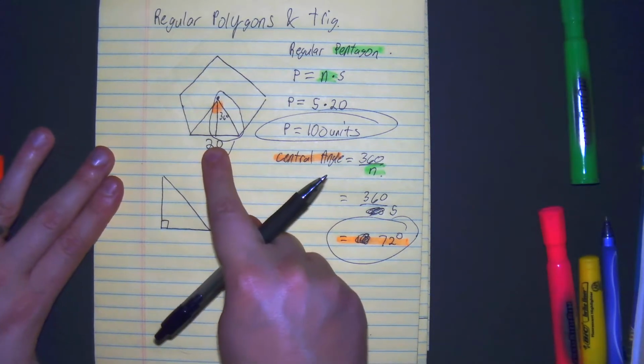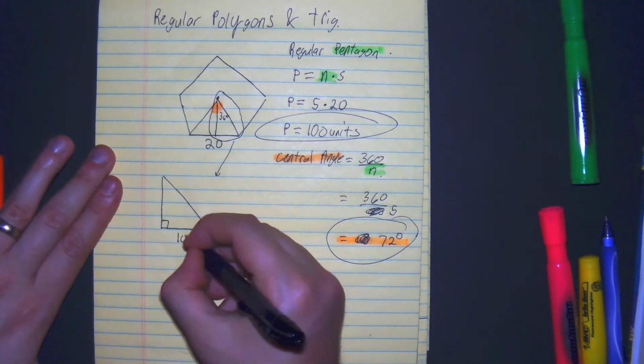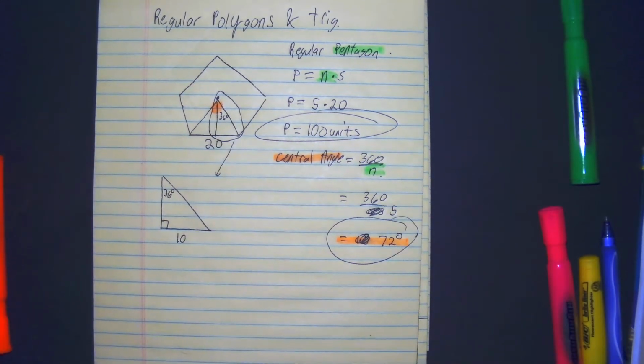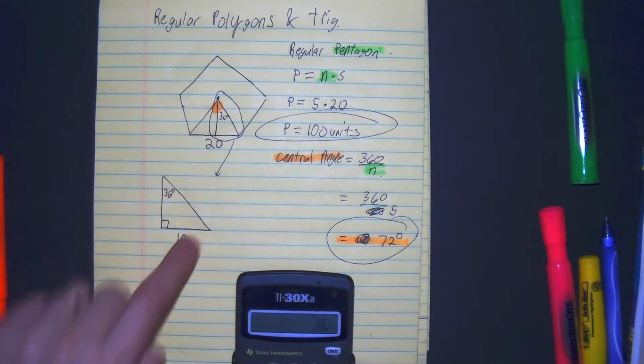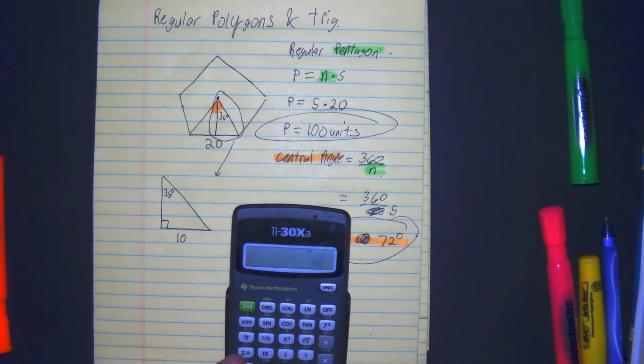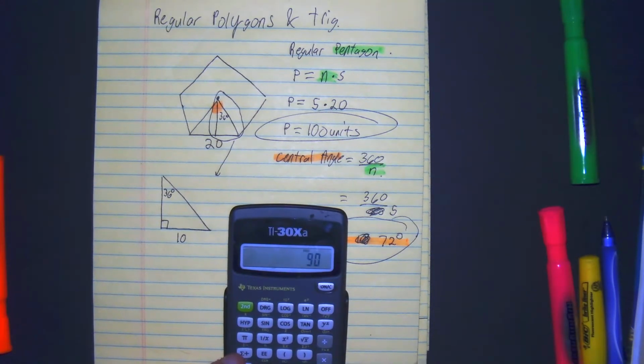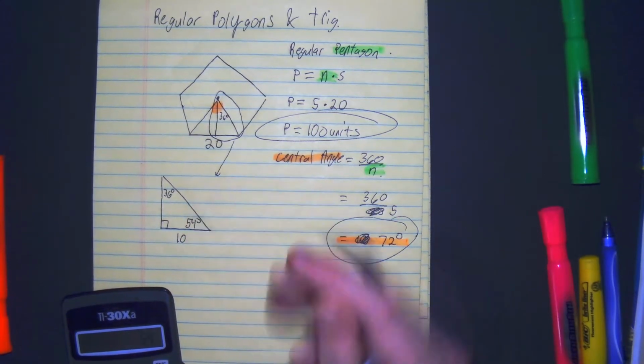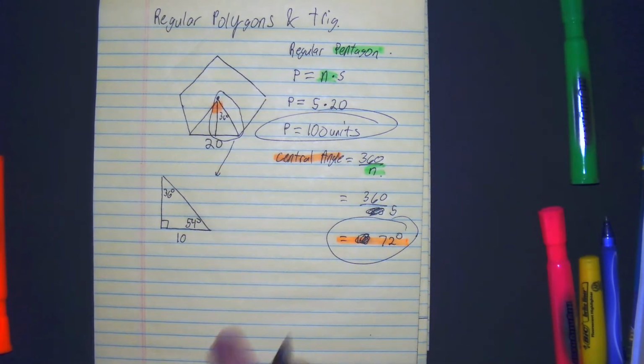So if that was 20, this will become 10. We draw 36 degrees, since these are two complementary angles. 90 minus 36 would get you 54 degrees. And our goal right now is to find this apothem to figure out what is the area of this regular polygon.